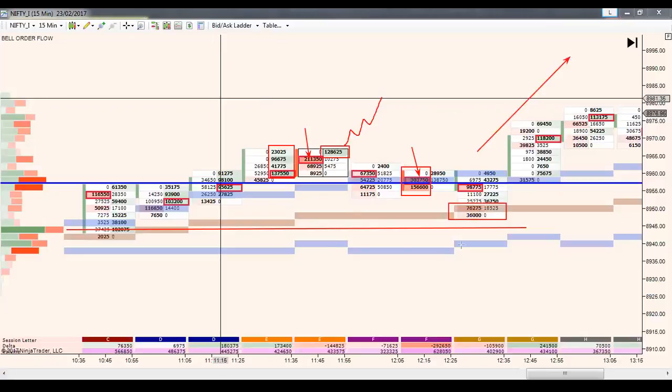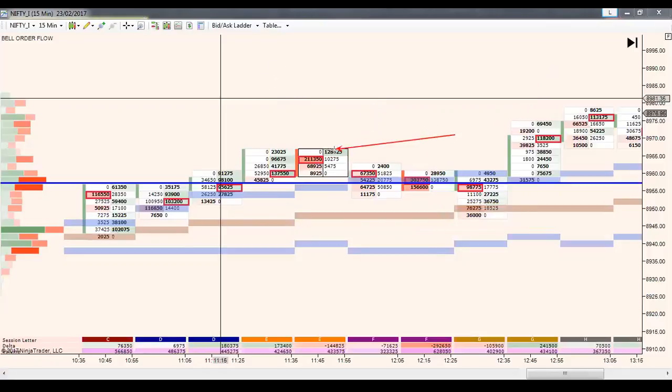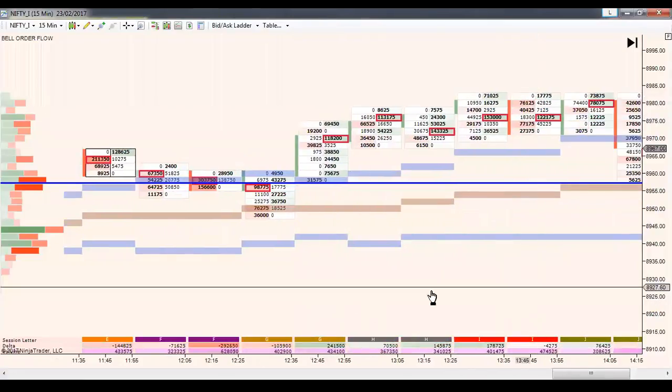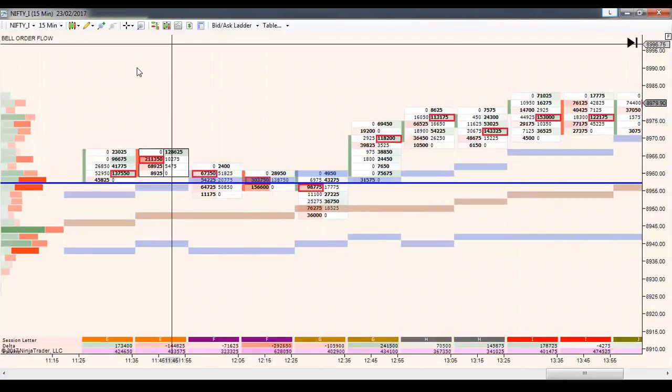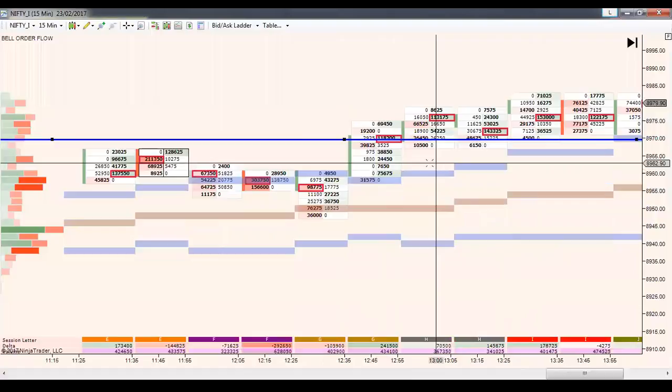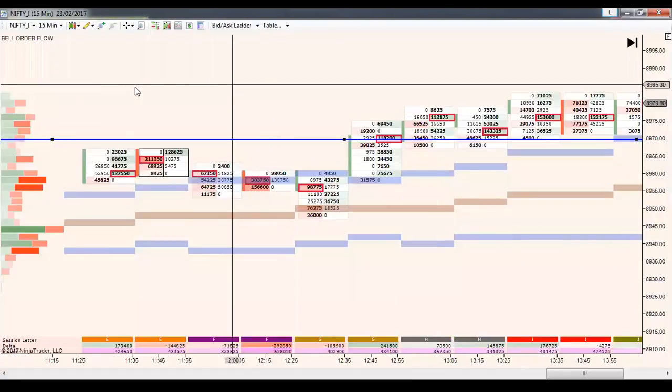Because they then had to cover their positions, and their covering pushed the prices higher. Yes, so all these sellers were forced to cover in these bars here, here, here, here.